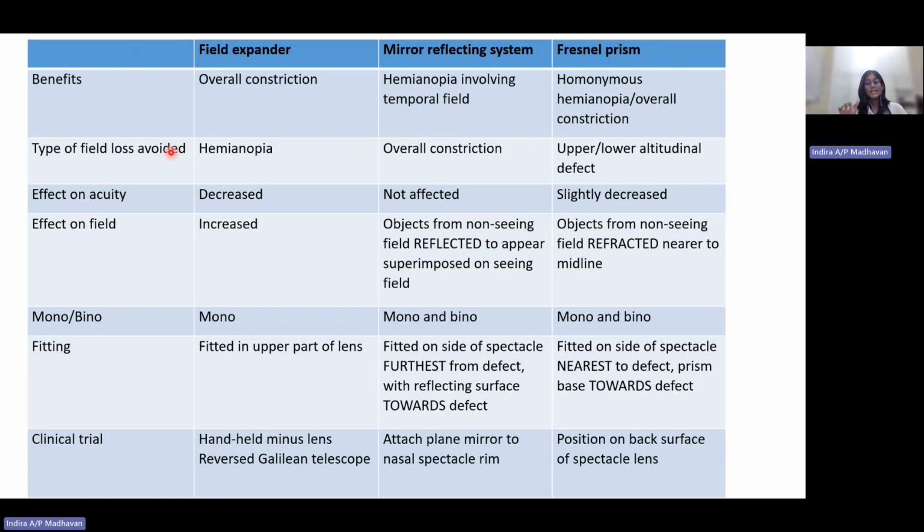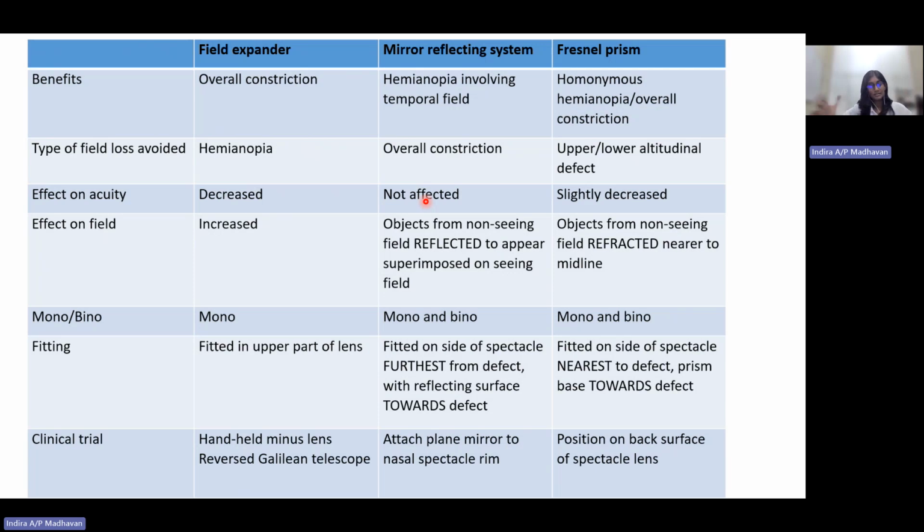The effect on acuity is slightly decreased because the clarity is lost due to the overlapping of the image, and the effect on field will obviously be good because it expands the field. Rather than not being able to see whatever is here, now at least they are able to see a few words coming to the center.